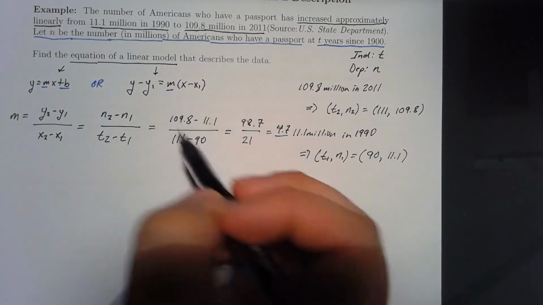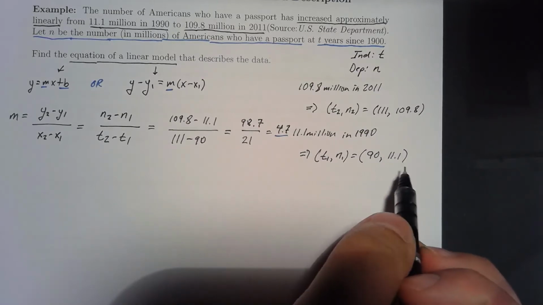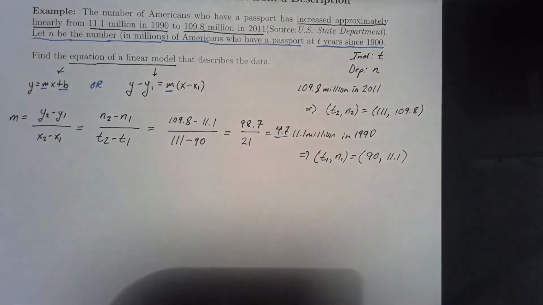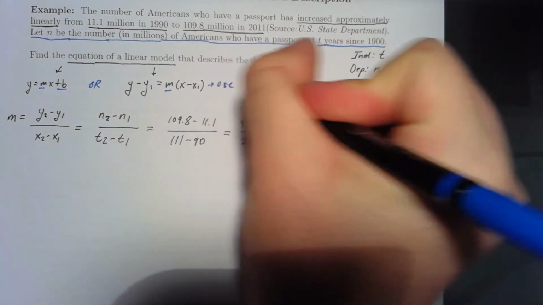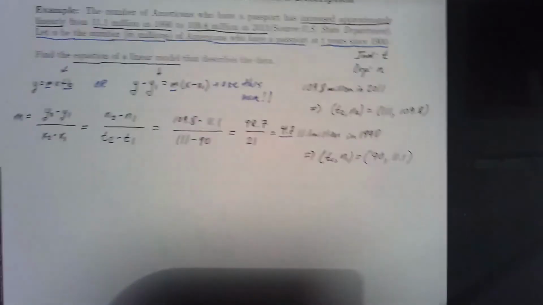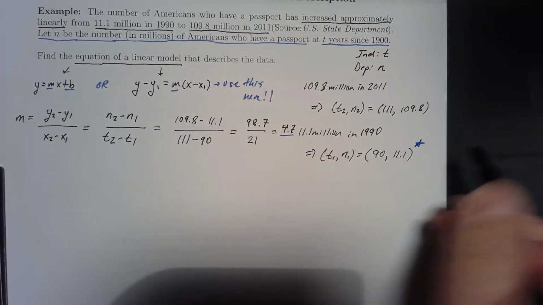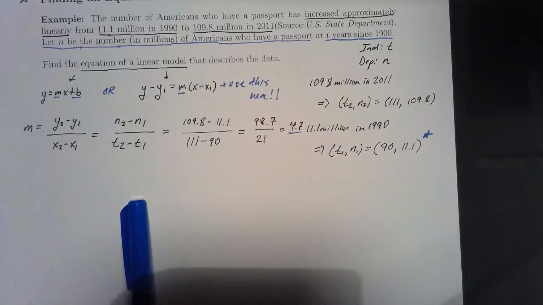So I'm going to use the slope that I just found, and I'm going to use one of the ordered pairs. I'm going to use this one. So I'm going to choose this ordered pair with that slope, pop them in here, and then go from there.